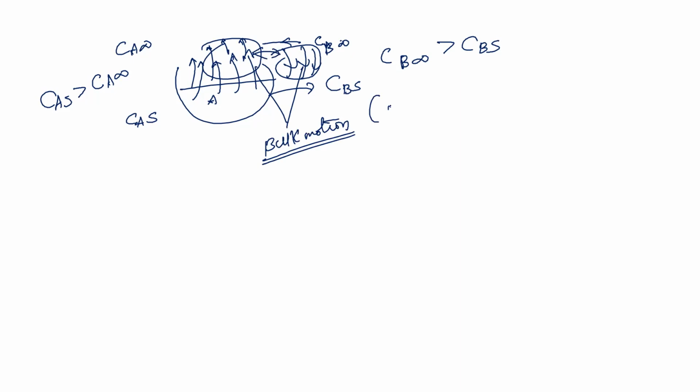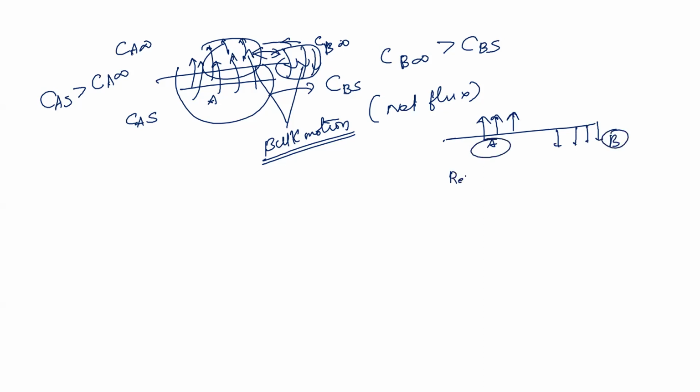At any cross section there will be a net flux, with species A in this direction and species B in the other direction, and they are relative to each other, so we can combine them and write the equation.